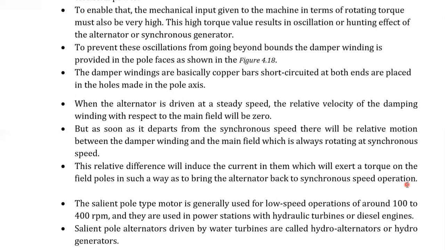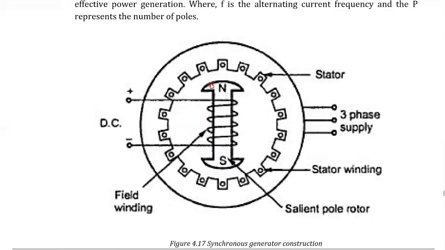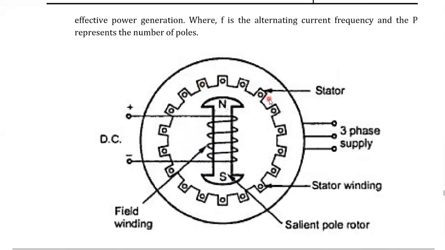synchronous speed, what happens? When the rotor speed is less than the synchronous speed, there is a relative speed between the stator rotating magnetic field and the rotor. For example, the stator rotating magnetic field is 1500 rpm and the rotor speed is 200 rpm.